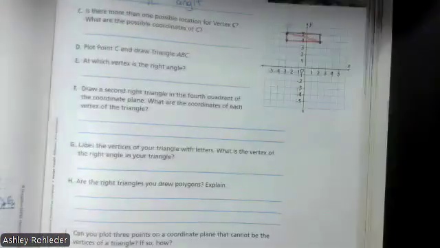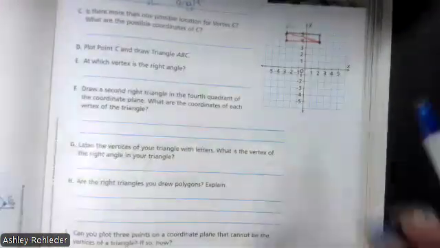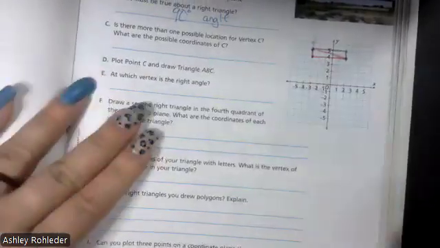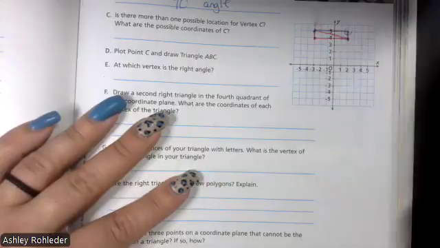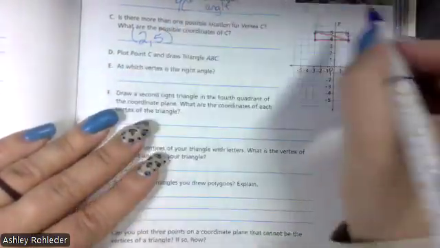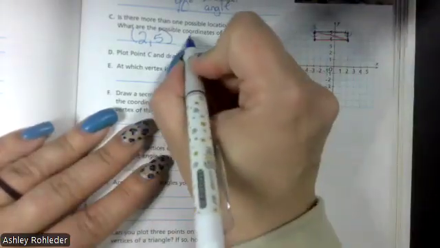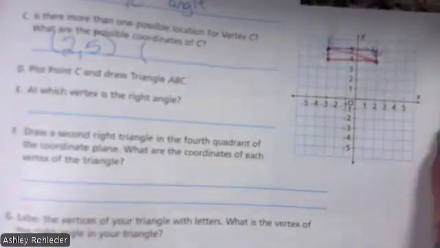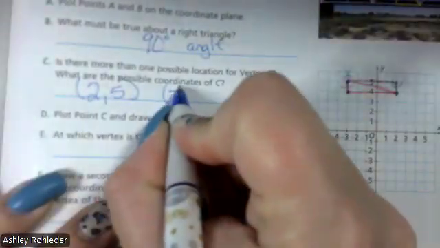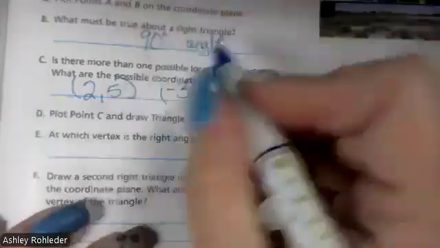So what are the possible points for that right angle? What's one of them? What's the one Katie told me? This one right here. 2, 5. What would be the possibility for that one there? -3, 5.